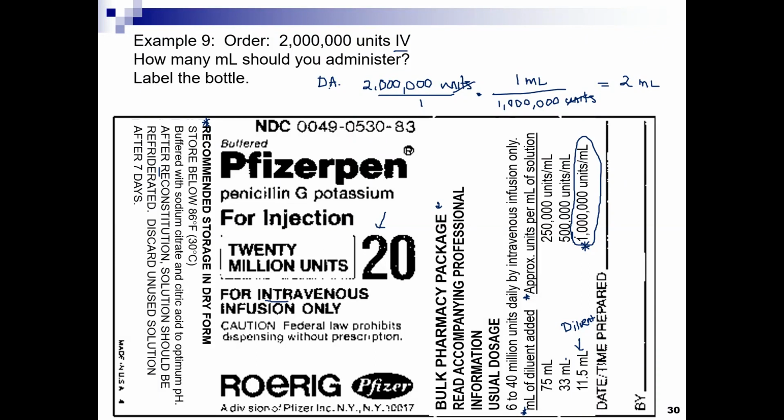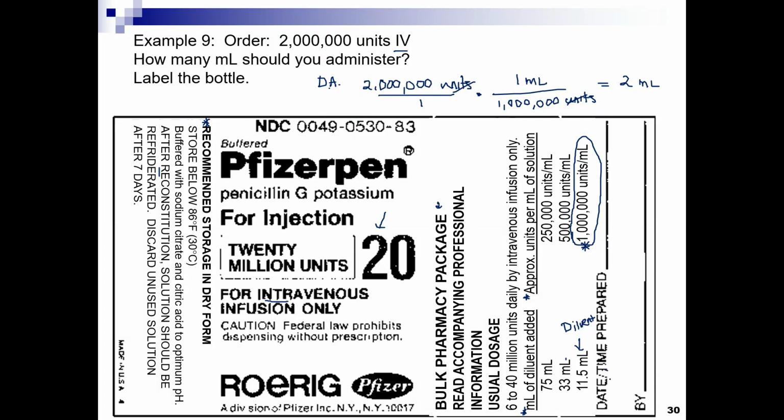Since we're only using 2 million units out of the 20, there is going to be med remaining in the container for others to use. We see how to store this in refrigeration, and that it's good for 7 days. We saw earlier that the usual dosage starts at 6 million units per day, so we probably need this med again, maybe even in our shift.